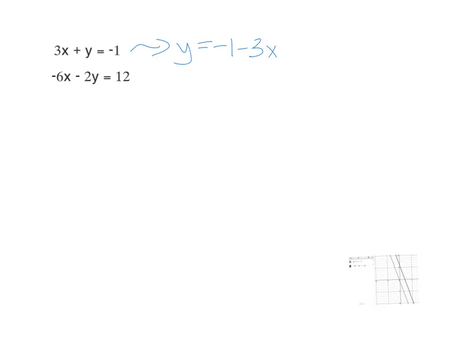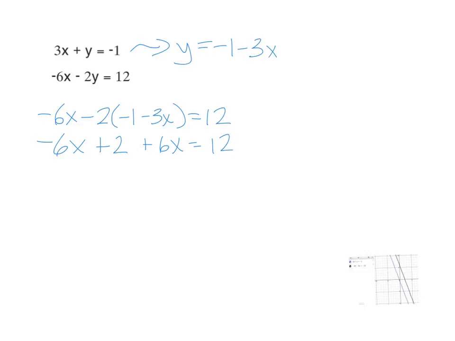And then substitute it in for y, -6x - 2 times -1 - 3x = 12. We get -6x + 2 + 6x = 12. And then add the like terms. -6x and 6x are gone, and you end up with this 2 = 12.